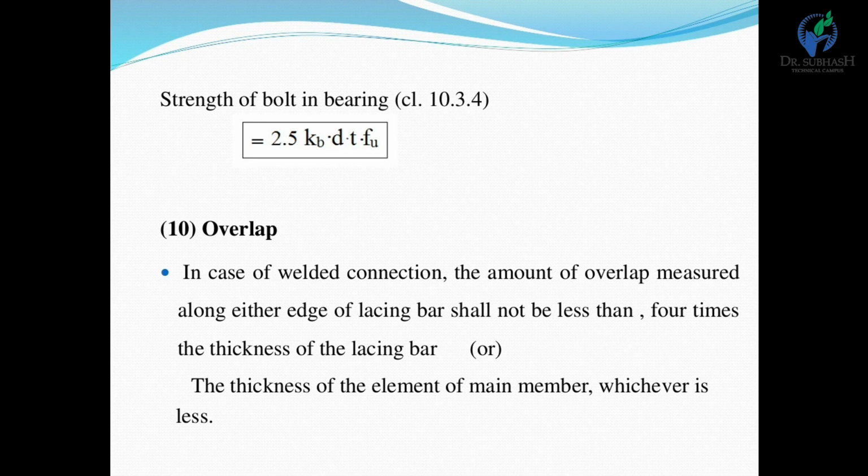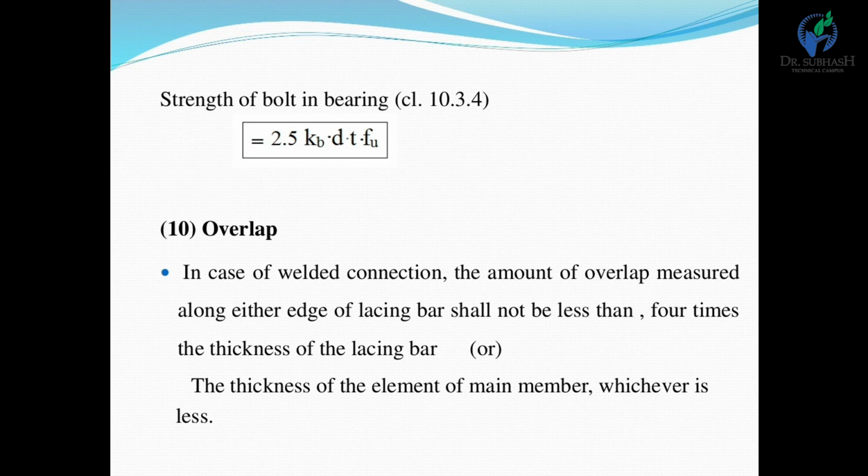In the case of a welded connection, the amount of overlap, measured along either edge of the lacing bar, shall not be less than 4 times the thickness of the lacing bar. Where are the overlap limits required? If you provide a welded connection to attach the lacing to the column, the overlap must be measured along the perimeter of the connection of lacing.